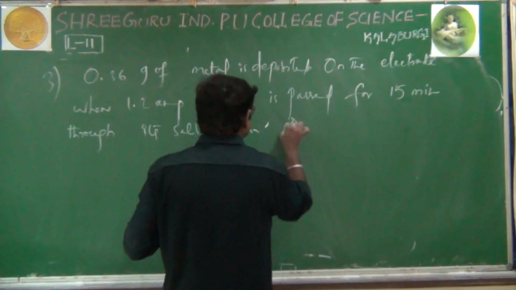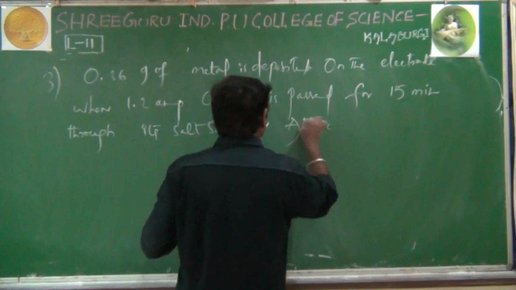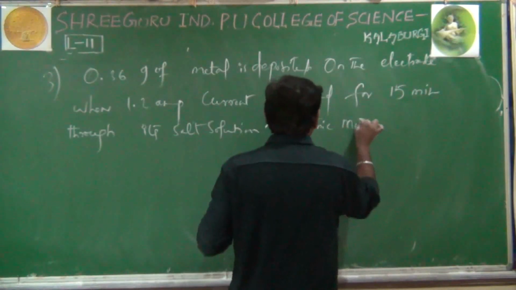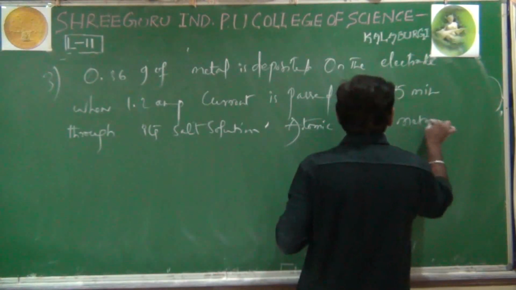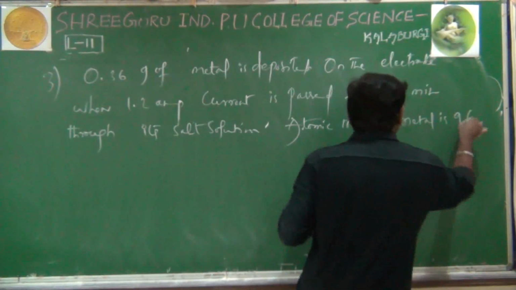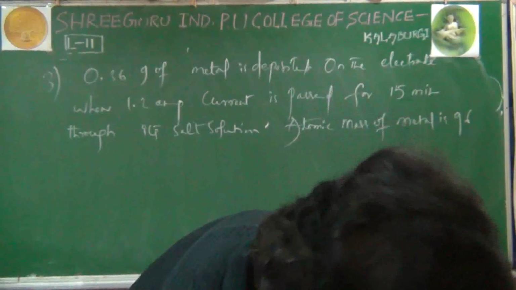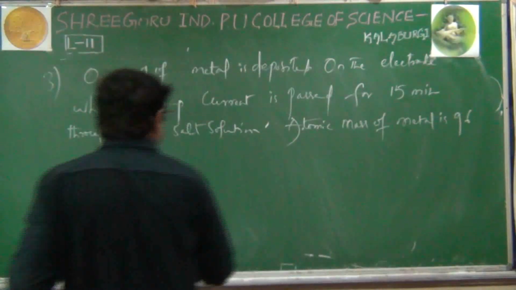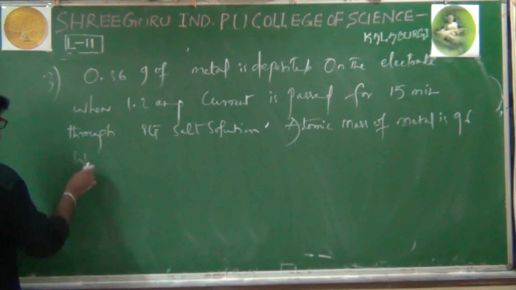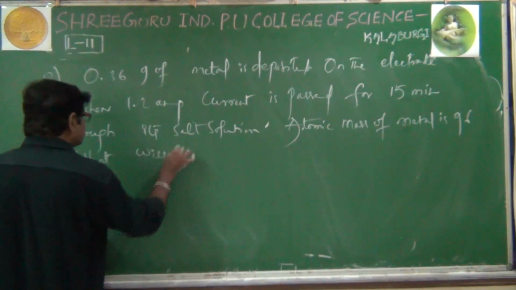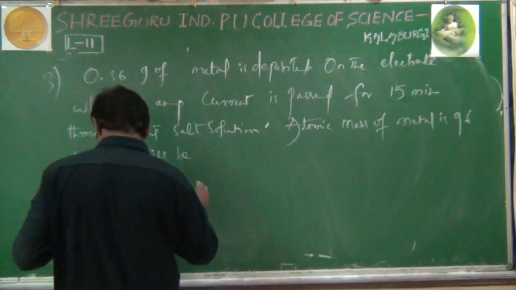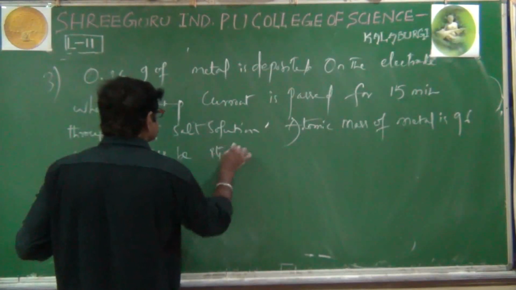Atomic mass of the metal is 96. The question is, what will be its valency?